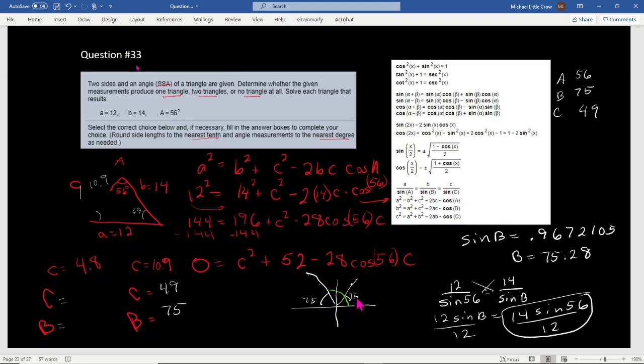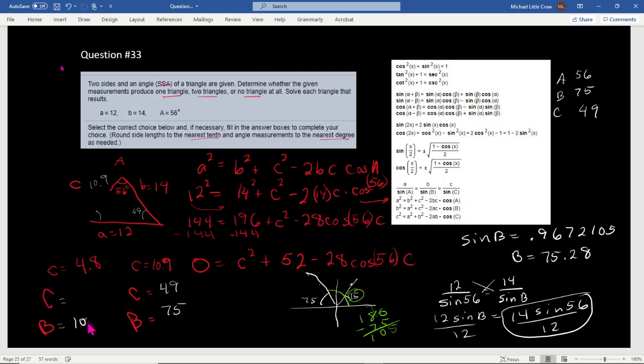So B could be 75, sure, and then it could be this one, because this is also going to give us a positive sine. So 180 minus 75. We borrowed, so that's 105.